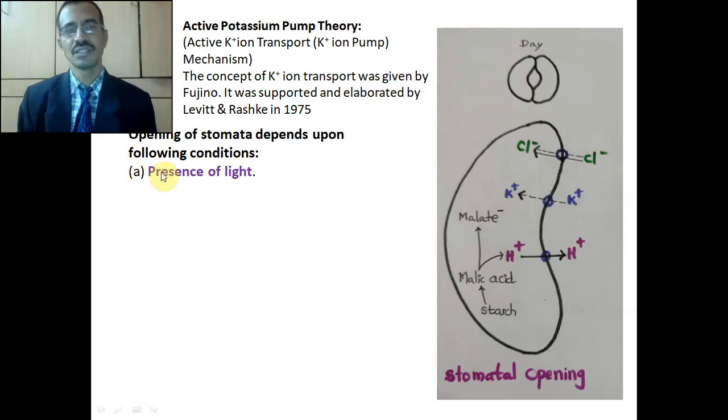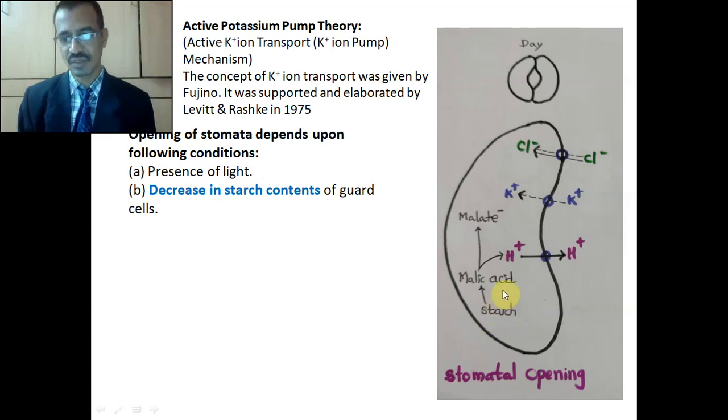So first, the first necessity to open the stomata is the presence of light, that means during the daytime, and a decrease in starch content of the guard cells. So during the daytime, what happens? Starch is converted into malic acid. So there is a decrease in starch content in the guard cells.